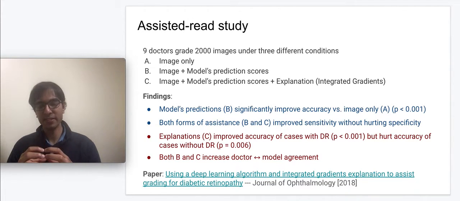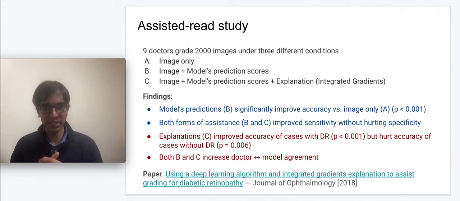There is prior evidence that whenever humans deal with an automated system, there is this risk of overly relying on that system, where we turn blind to reasoning about events ourselves versus relying on the system to make all the decisions for us. So we saw aspects of that in this study as well. The results are published in a Journal of Ophthalmology paper from 2018.